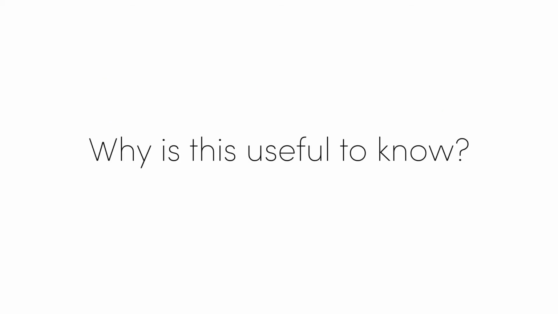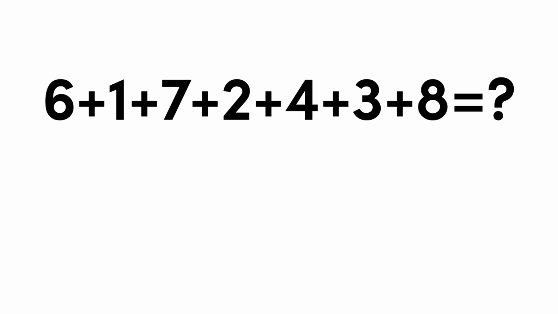So why is the commutative property of addition useful to know? Let's look at one way we can use this. Here we have a collection of numbers to add up, and it's not that easy to do it. You could do it if you wanted to, but there is some work involved. So one easier way to add these numbers would be to take out pairs that together are 10.